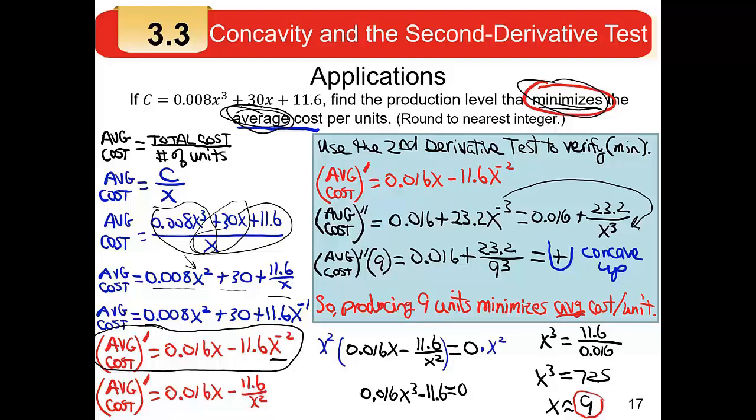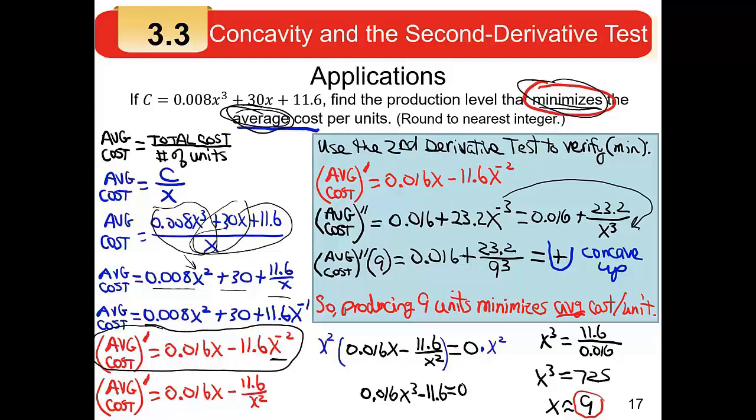So while you're practicing your skills, honing your skills, make sure your algebra is up to par, make sure your arithmetic is up to par, that you know how to use your calculator when it's necessary. You also need to just practice the thought process, going through the steps, using the second derivative chart. The concavity chart is similar to producing the increasing, decreasing charts, but you're using the second derivative instead of the first derivative.